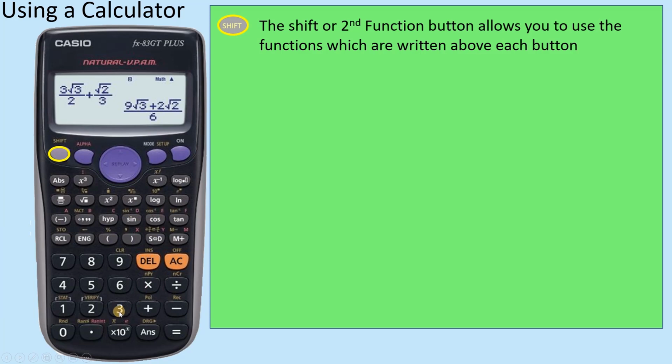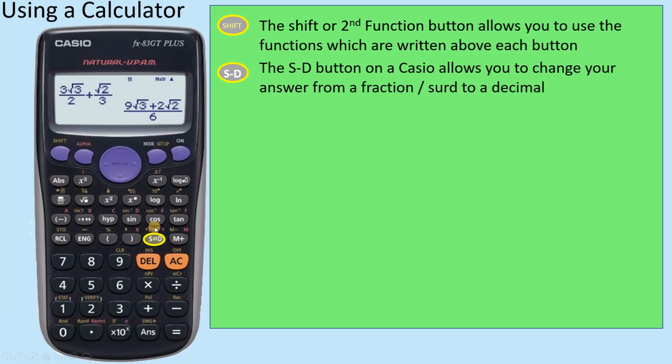And if you want pi, again it's shift and it's above there. These are the ones you're certainly going to come across more than anything else: sine, cos and tan, cube root, and certainly pi. But you need to know where they are on your calculator. There tends to be a second function or a shift for doing that.